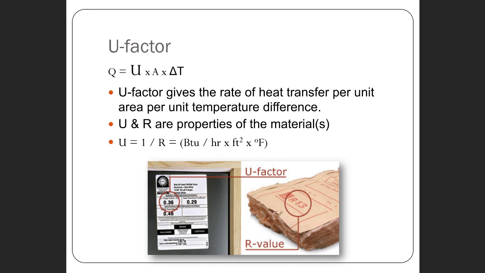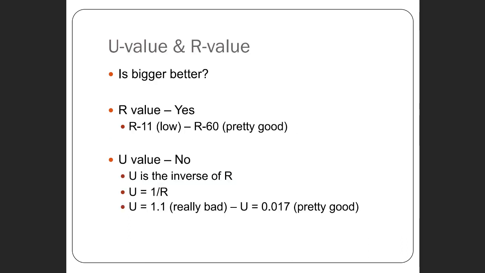So again, the other way that we can reduce heat loss and heat gain is by our choice of materials, right? Using more insulation, better windows, right? Lower U value, higher R value. We're Americans who always have to think of whether bigger is better.